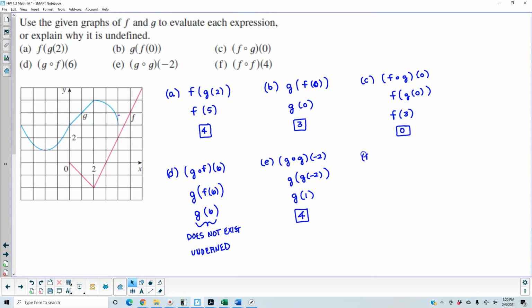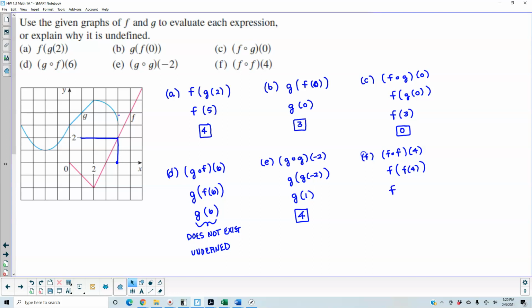Okay, and the last one, part F. We have f composite f of 4. So writing out the definition, this becomes f of f of 4. So when we have an x value of 4, which is here, and then we go up to the graph on f, we can see that the output is going to be 2.